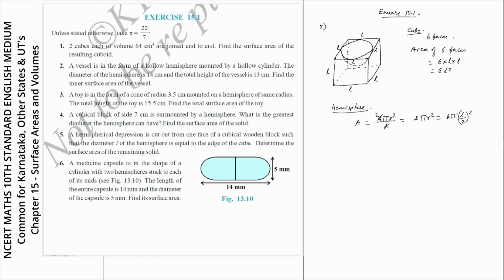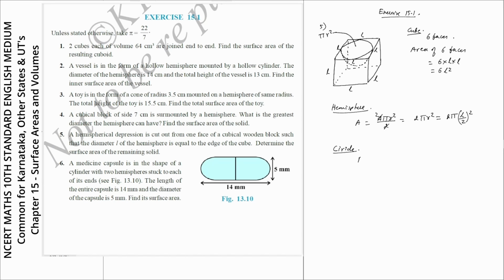Now coming to circle. Now there is a common plane for circle and hemisphere, that is circle. So that circle is here on the top of the solid. So what is the area of that circle? It is pi r square.